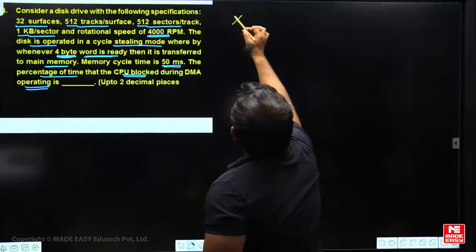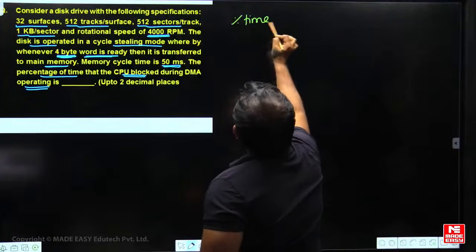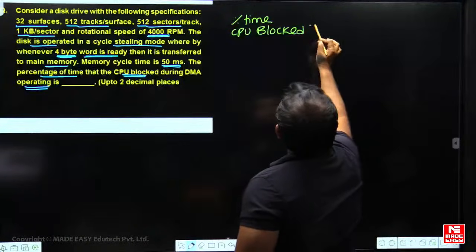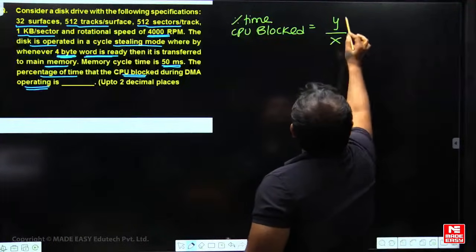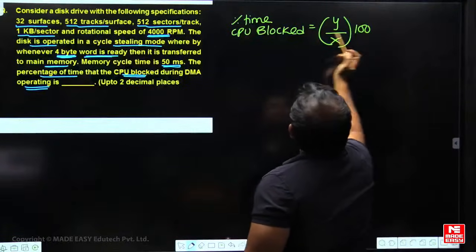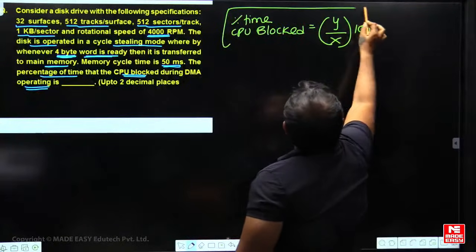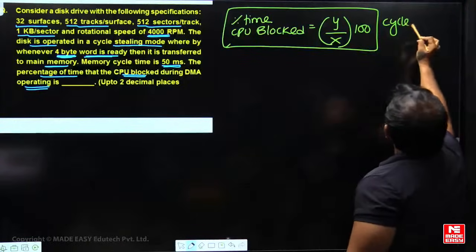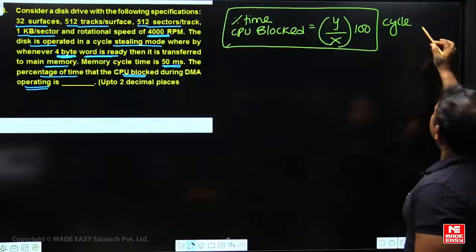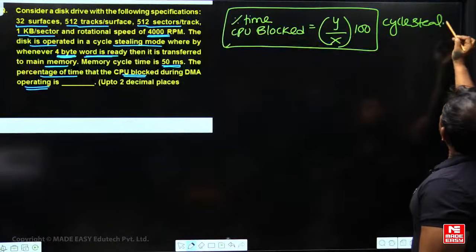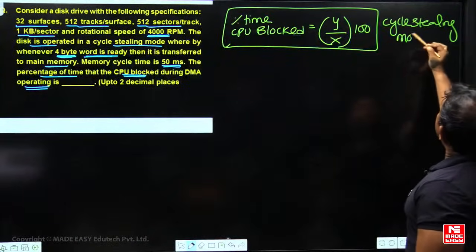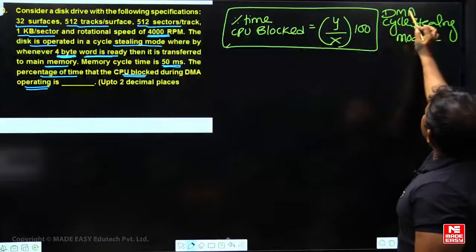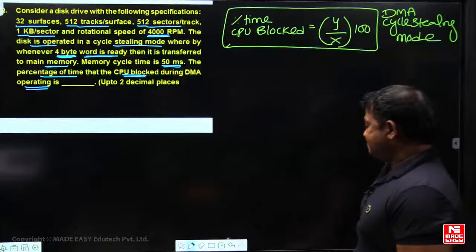In cycle stealing mode, the percentage of time CPU blocked is equal to y upon x into 100. Y is the transfer time, x is the preparation time. Because of cycle stealing mode, transmission time overlaps with preparation; the pipelining concept is used here.